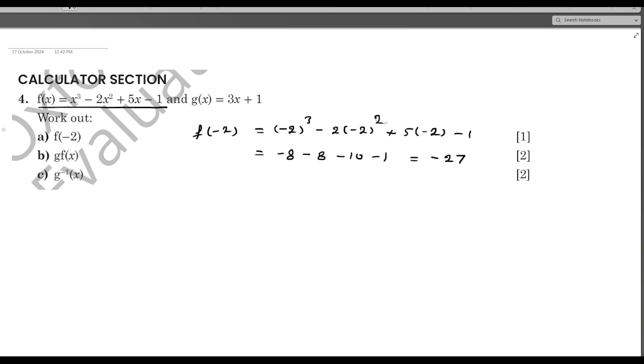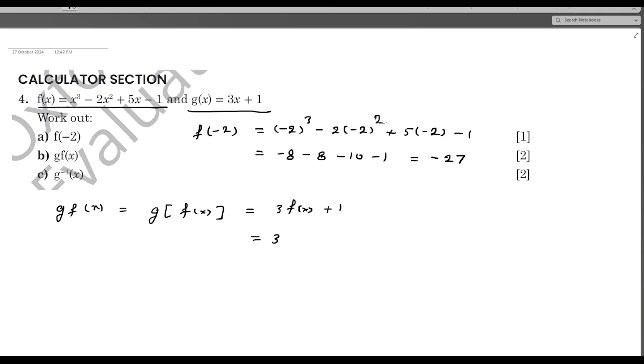Second, you have to find out gf(x). So gf(x) is nothing but g of f(x). Now you can see that this g(x) is 3x plus 1. Now x is replaced with f(x). So x we replace with f(x) and then substitute what is f(x).